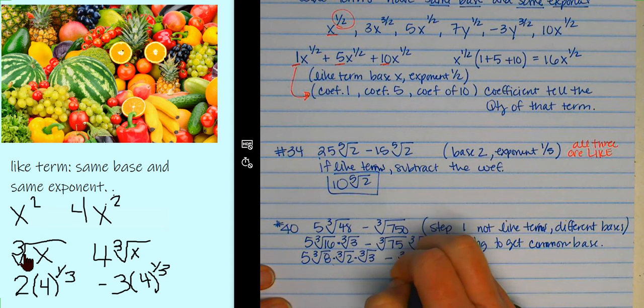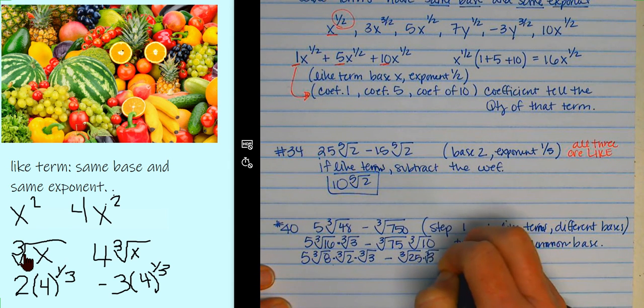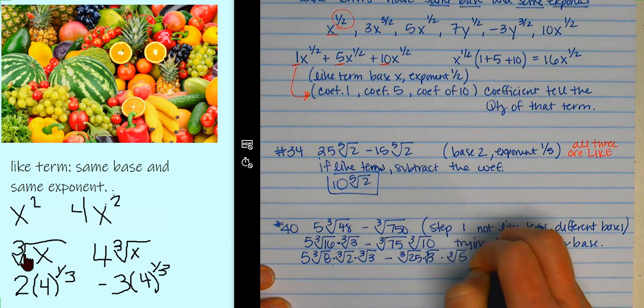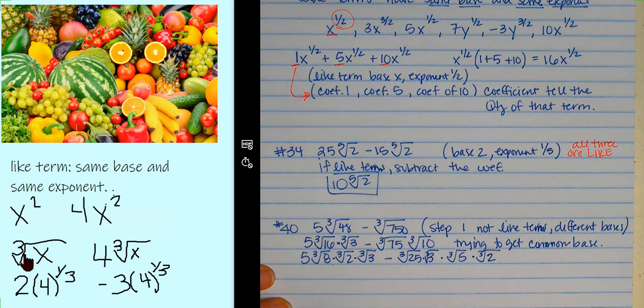My second one is the cube root of 25 times 3, cube root of 3, times the cube root of 5 times the cube root of 2. I simplified 75, 25 times 3. I simplified 10, 5 times 2.